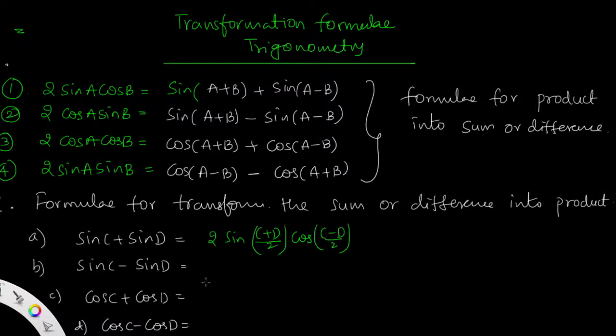And next, sin C minus sin D is 2 cos of (C plus D) by 2 into sin of (C minus D) by 2.